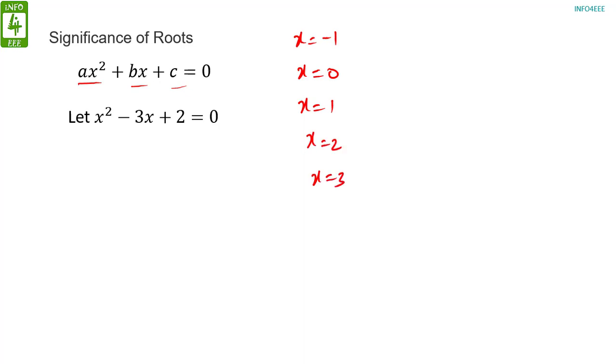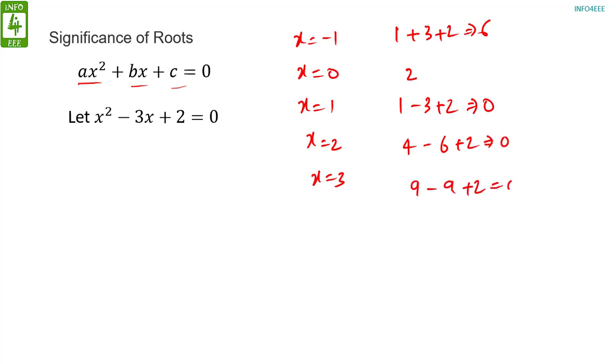If I put the value of minus 1 here, it will be 1 plus 3 plus 2, it means 6. At 0, it will give you 2. At 1, it will give you 1 minus 3 plus 2, it means 0. At 2, it will give me 4 minus 6 plus 2, again 0. At 3, 9 minus 9 plus 2, again plus 2. Right? So these are the values which we got.